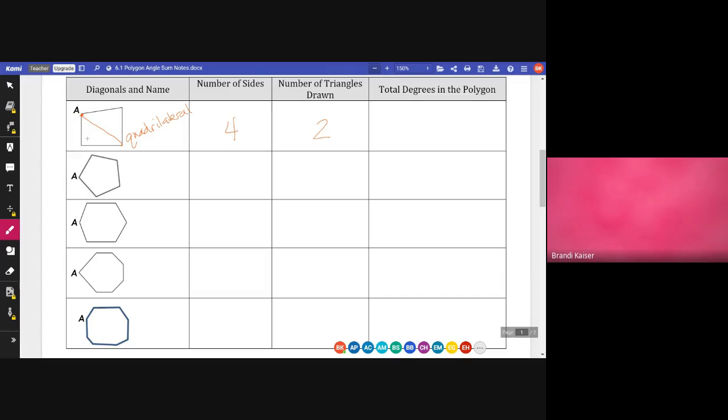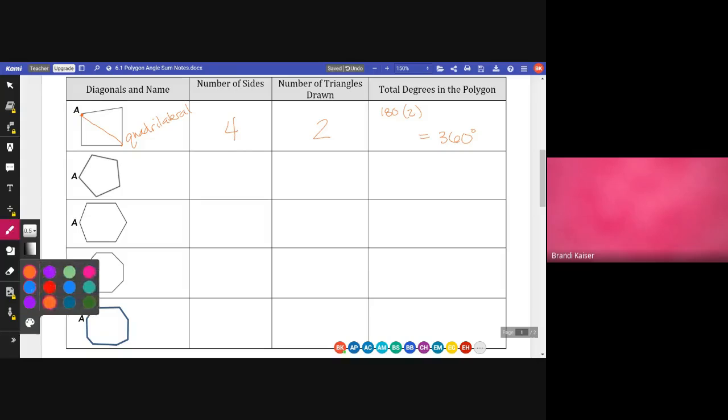If I have 2 triangles in this shape, I should be able to take 180 times 2, because there are 2 triangles, to get the total number of degrees. For this, it would be 360. So in a quadrilateral, any 4-sided shape, they're all going to have 360 degrees as their total.